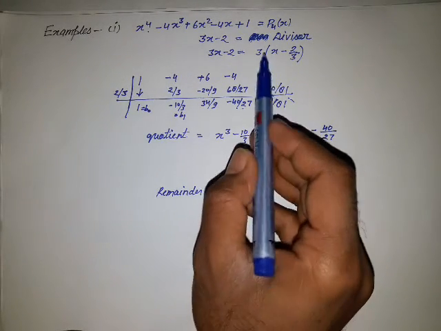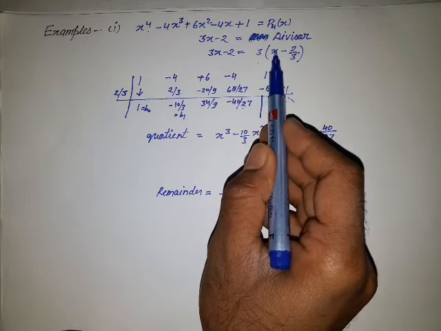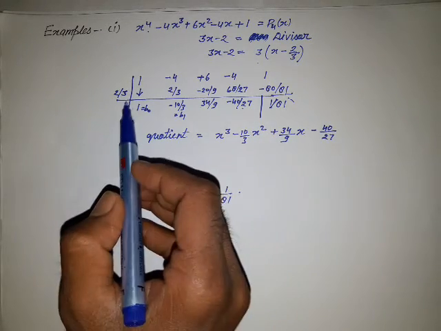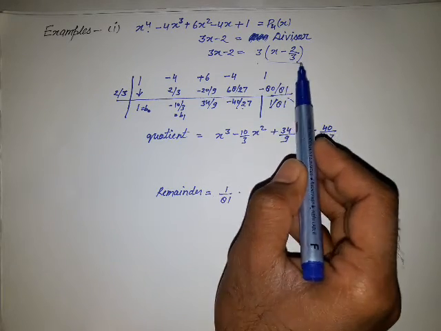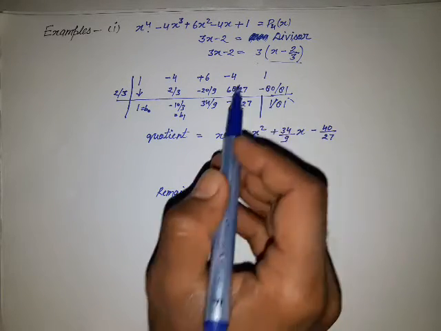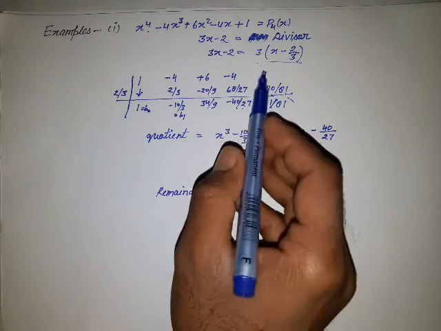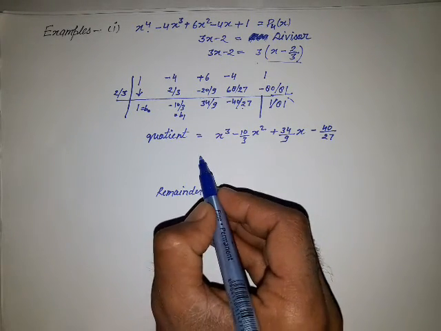But you can see that there is a 3 multiplied to x minus 2 by 3, and we found Horner's scheme by using this, but the 3 is remaining, so we divide this quotient by 3 to get the final answer.